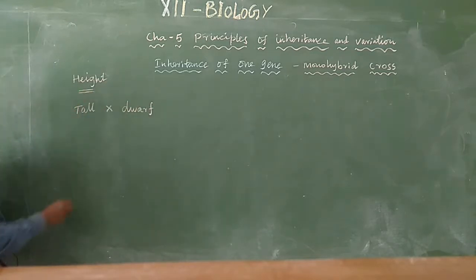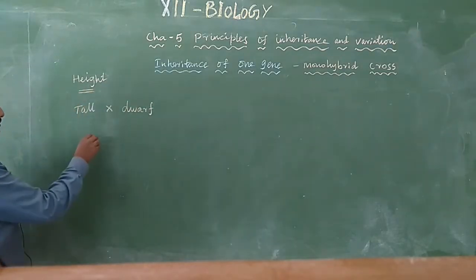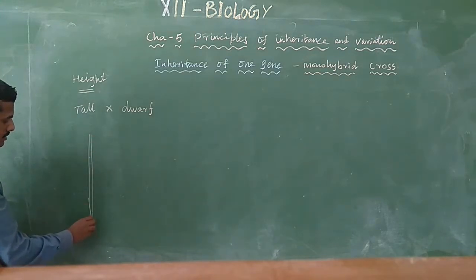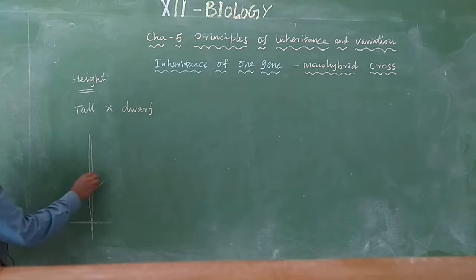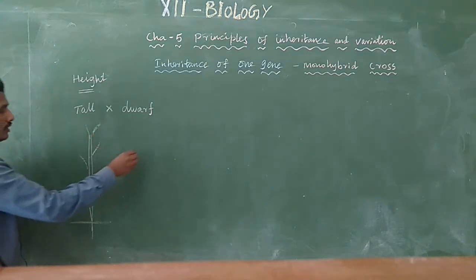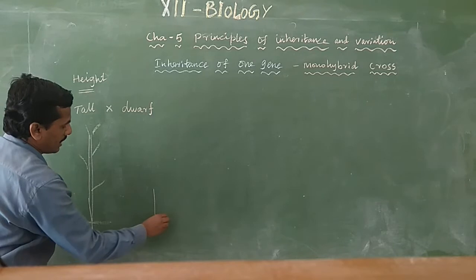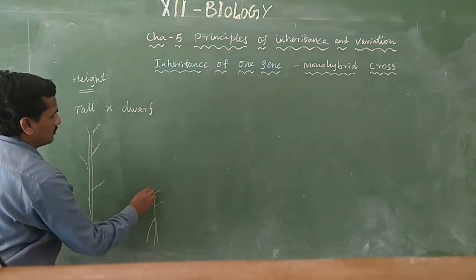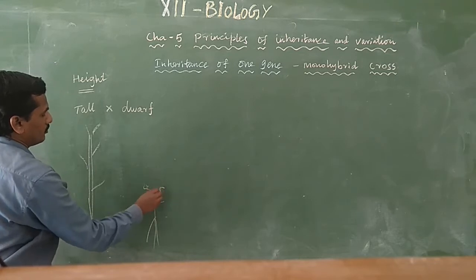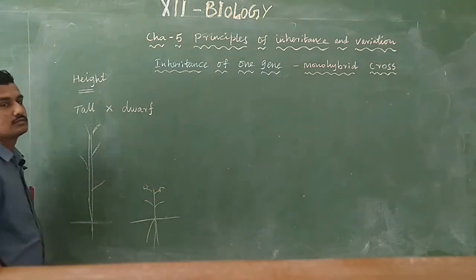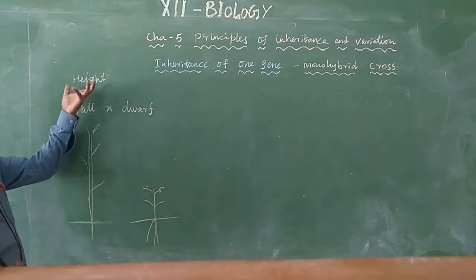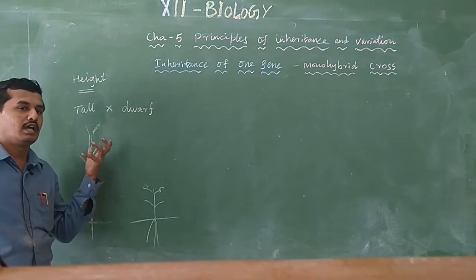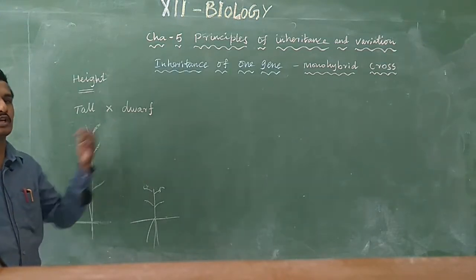Tall means the plant height is large. Dwarf means the plant height is short, yet it produces fruits, flowers and everything else. So Mendel selected height from the 7 characters for the monohybrid cross.